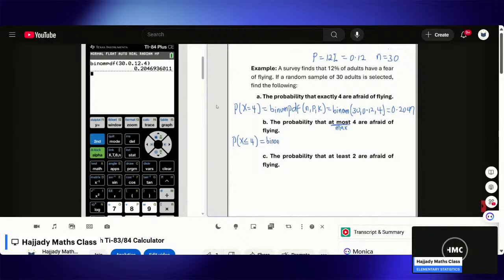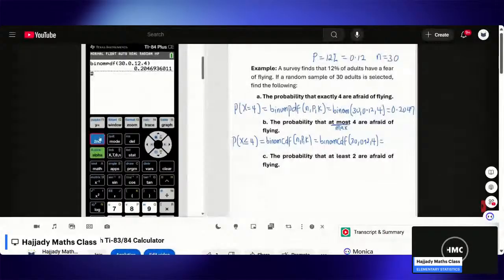So here we have the binomcdf. For at most, we use the CDF and not the PDF. So binomcdf, n is 30, p is 0.12, and k is 4. Let's do the same using our TI-84.